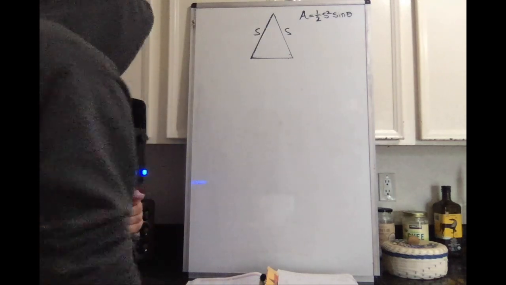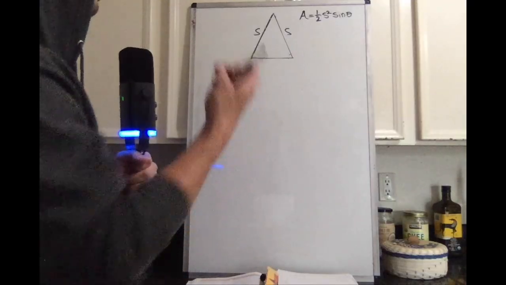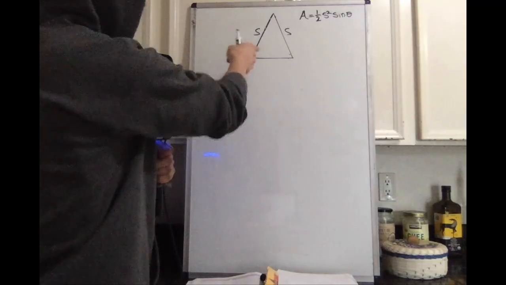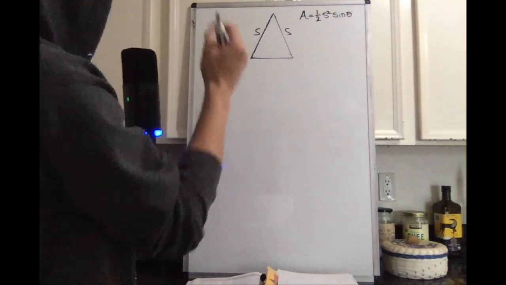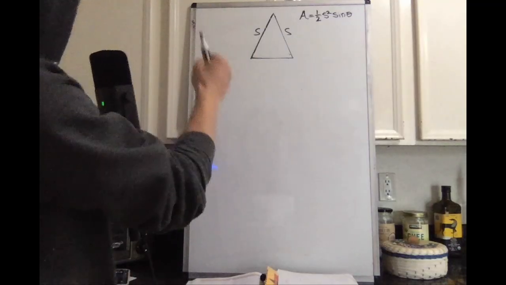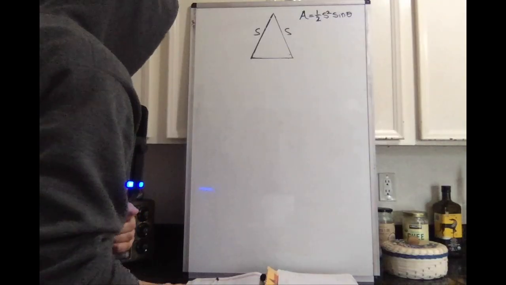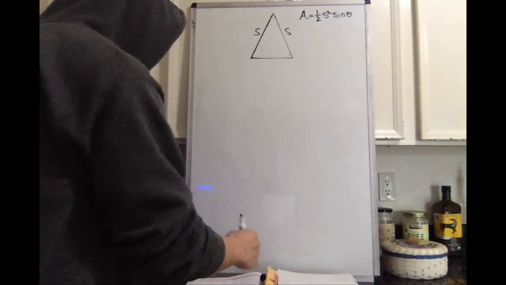All right, here is a problem that I really enjoyed doing. It involves proving that the area of this isosceles triangle is equal to 1/2 times s squared times the sine of theta. Let me just read it really quick.